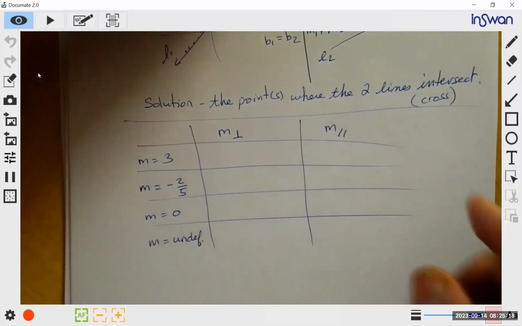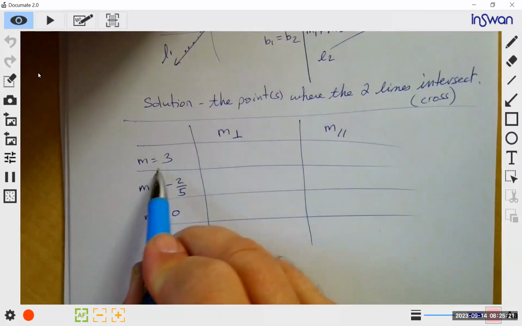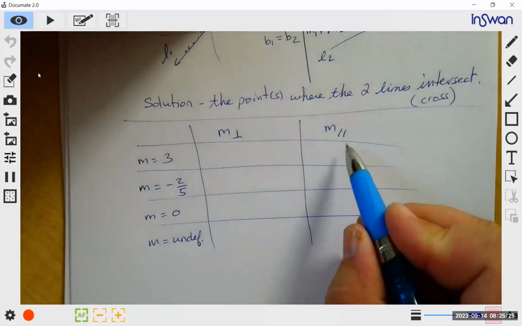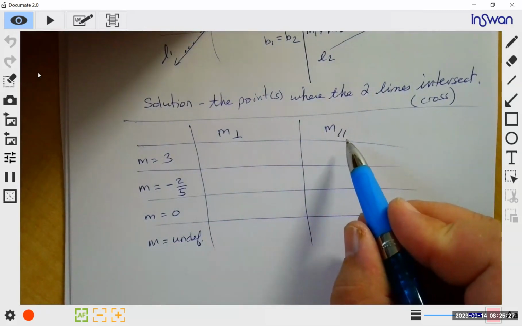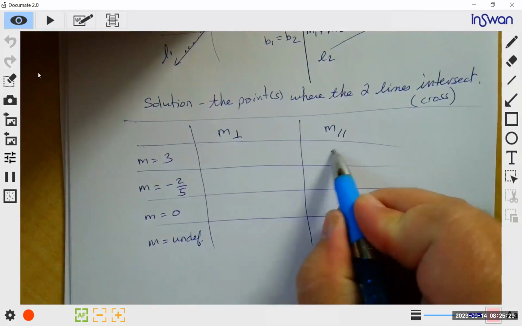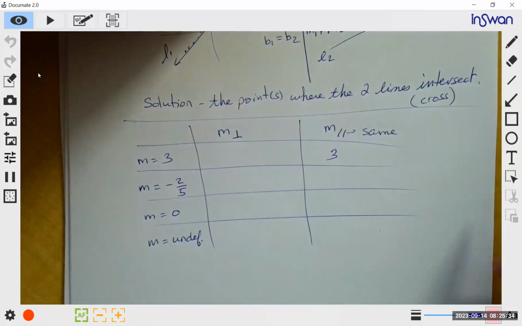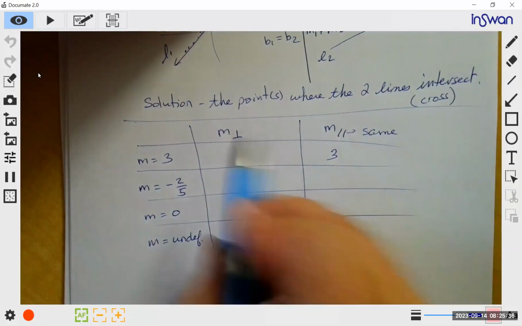Here we have four examples. If the slope is 3, what's the slope of a parallel line? 3, because parallel means same. What's perpendicular?